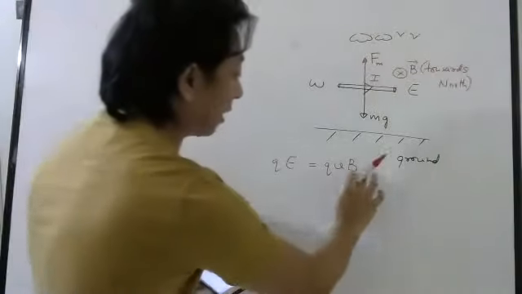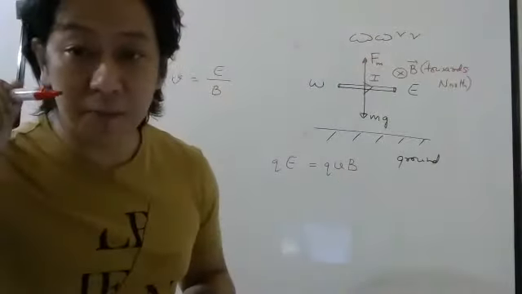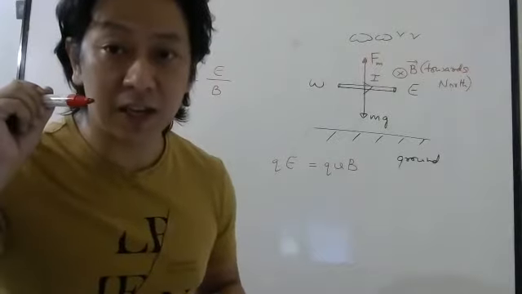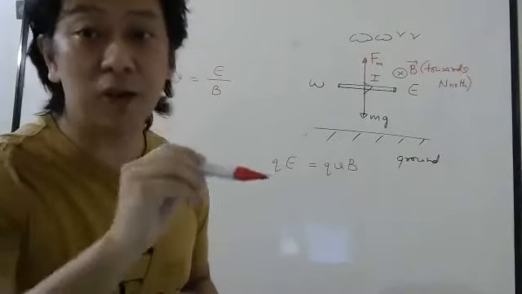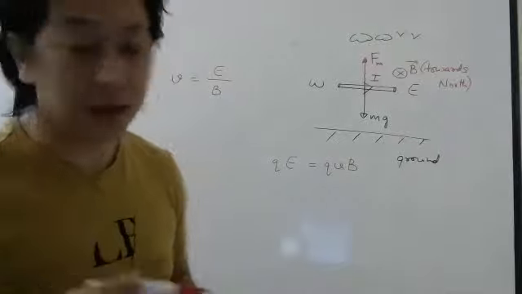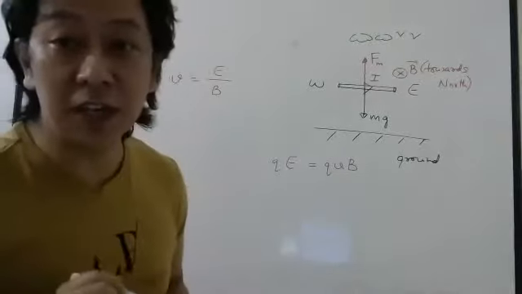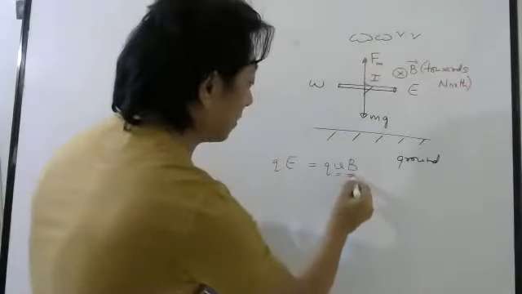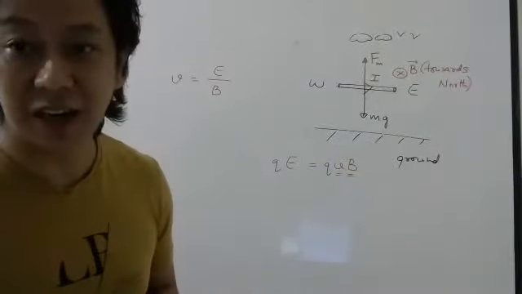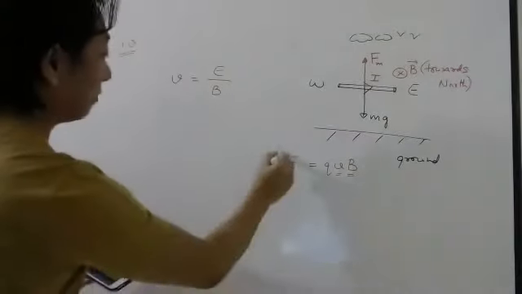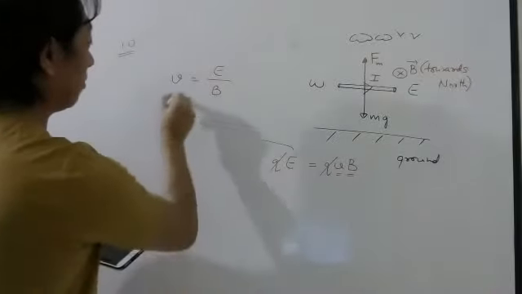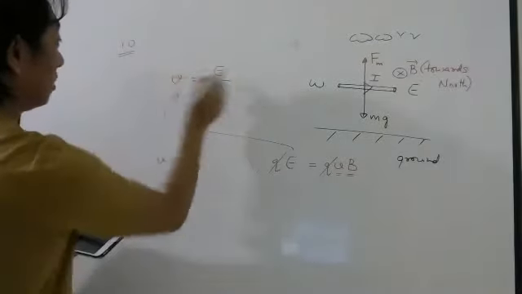And why did I not write sine theta? Because they told the charged particle enters perpendicularly to both the fields. Matlab, if it enters perpendicularly, it means velocity is perpendicular to magnetic field. So sine 90 degree will be 1. So from here Q you can cancel, then you will get this formula. So this is very important.